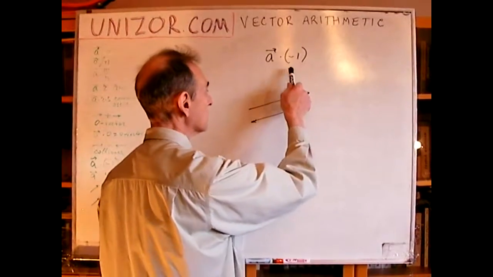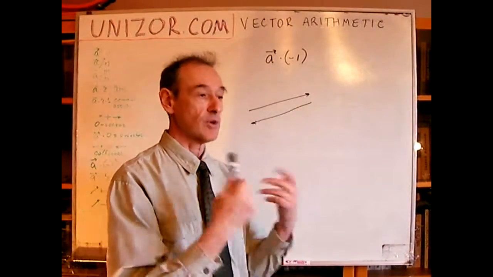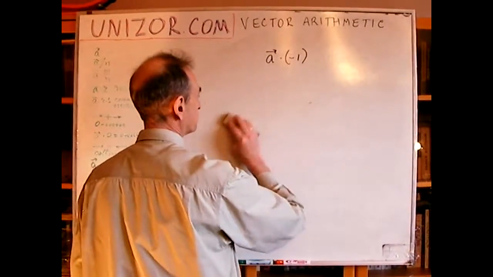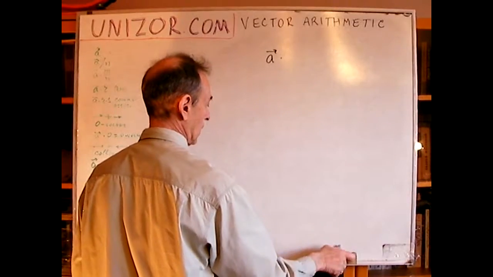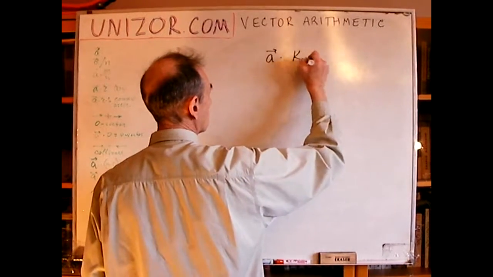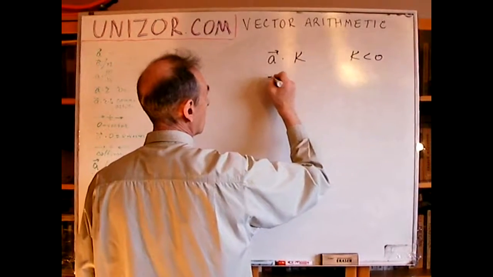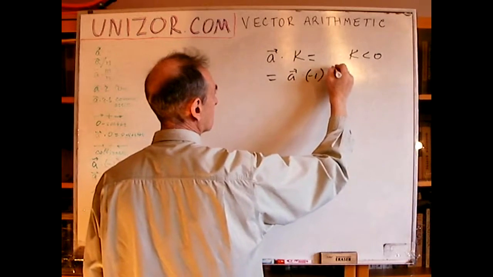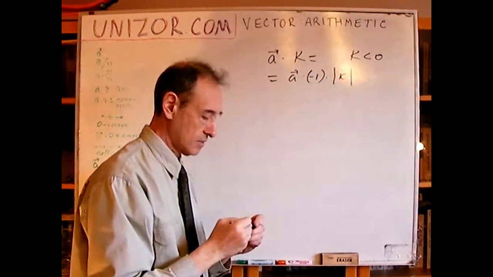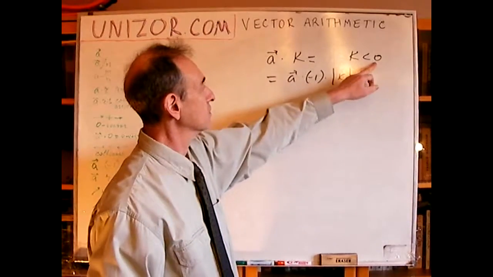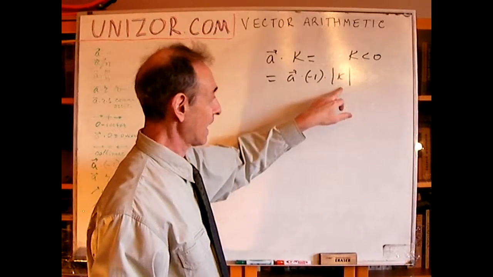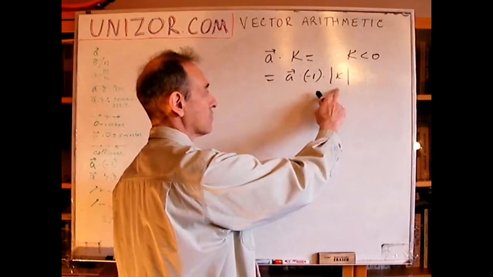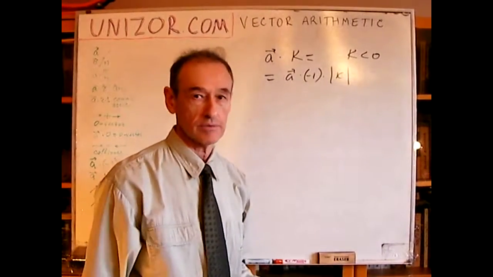So if I take this as a definition, then from this I can obviously define multiplication by any negative number k, where k is less than 0, as multiplication by -1, and then multiplication by the absolute value of k, right? Since k is negative, multiplication by -1 and the absolute value of k should give me exactly the same thing, because -1 times the absolute value of k would actually give me k if k is less than 0.